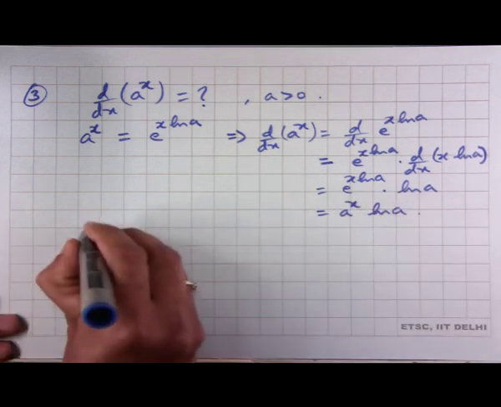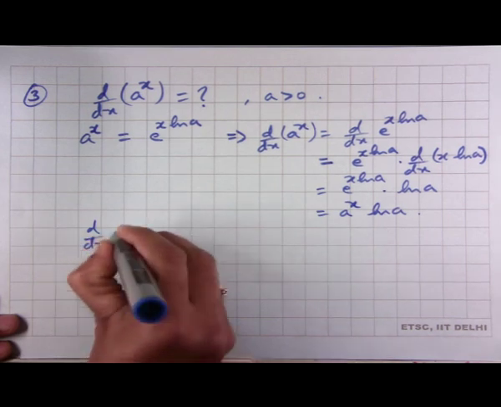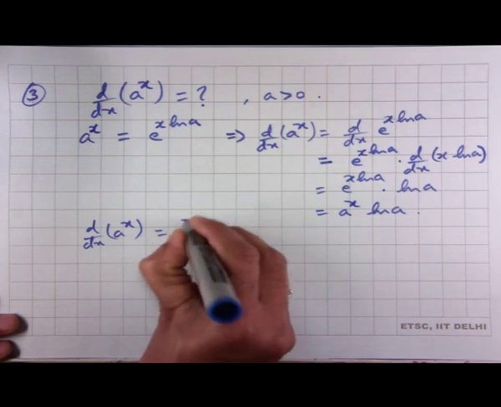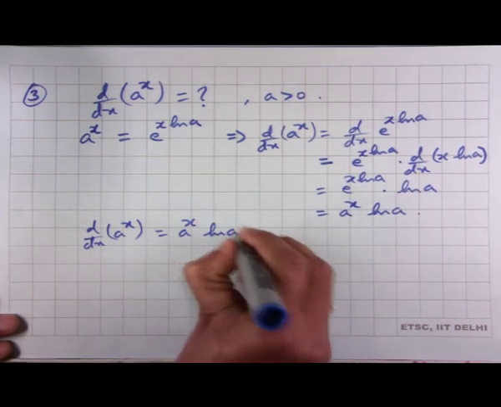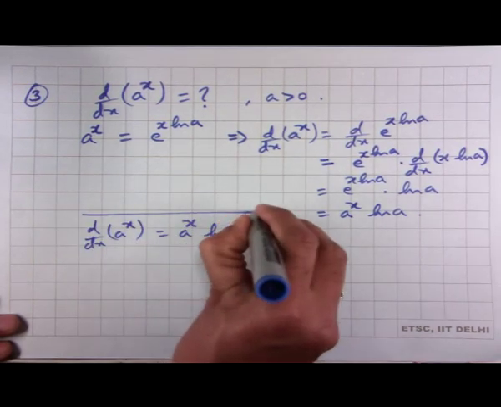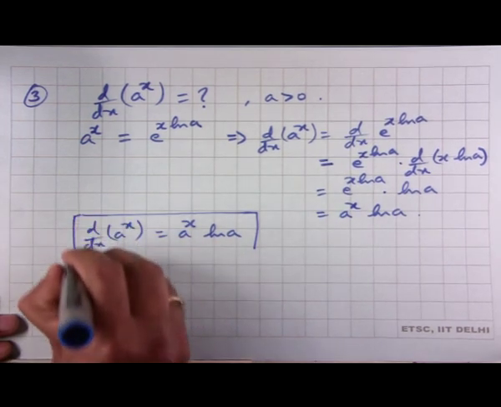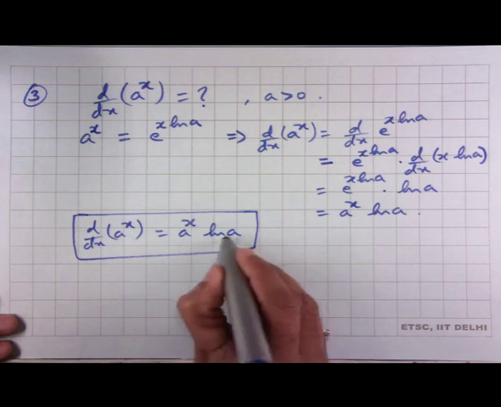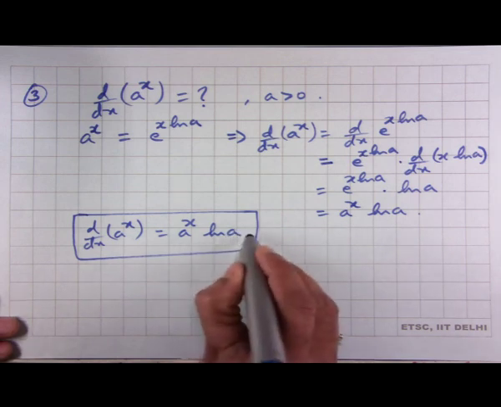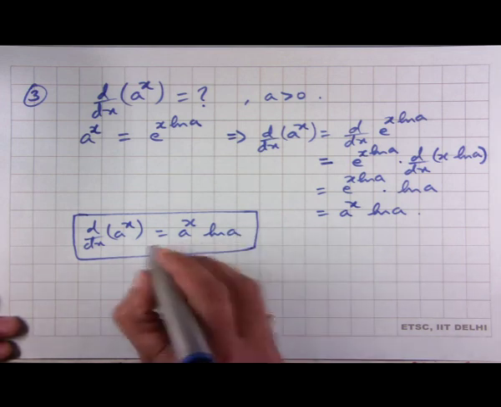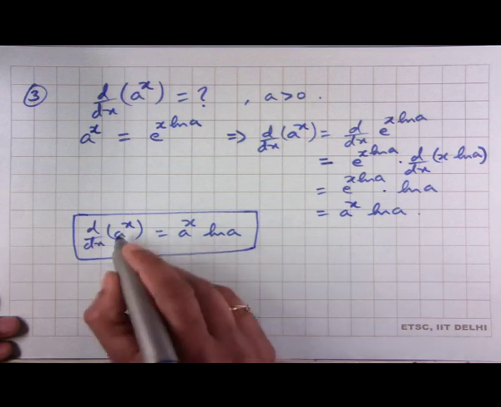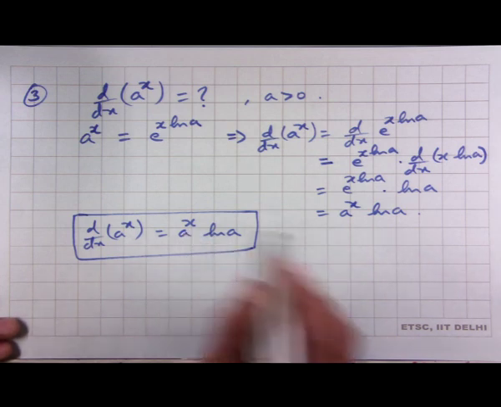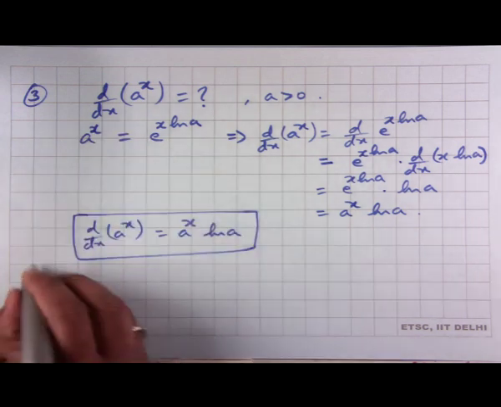So, the derivative of a to the x is equal to a to the x times natural log of a. You can see that in particular, if I put a equal to e, then ln of e is equal to 1. This gives me the usual formula, d by dx of e to the x is equal to e to the x. There is another way of also doing this.